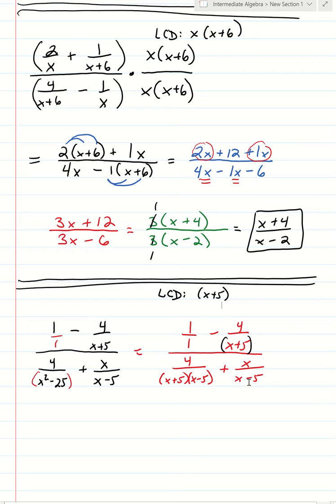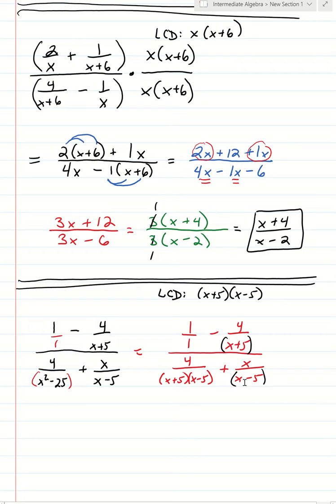I have a denominator here of x minus 5 that's different, so we have to include it in the lowest common denominator. And we have the x minus 5 also represented already. So your lowest common denominator, once again, is made up of each different denominator factor: x plus 5, as well as x minus 5.